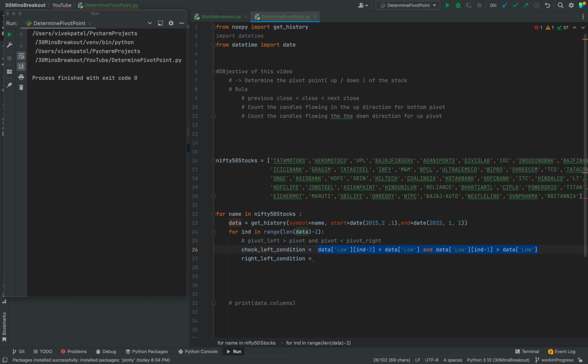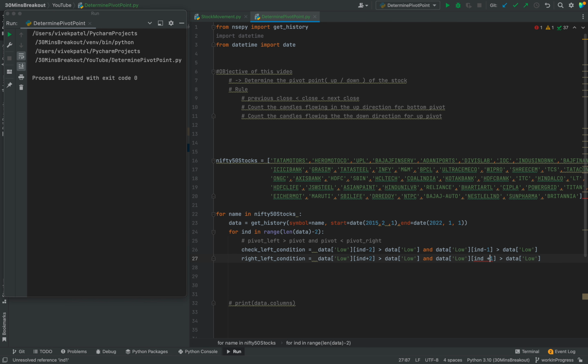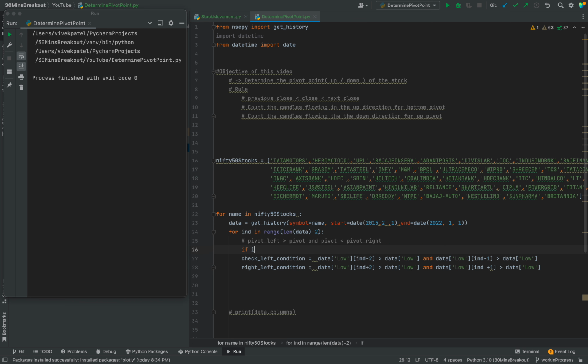Just copy paste. Plus 2, plus. So we need to write one boundary condition, like if index is greater than 2.